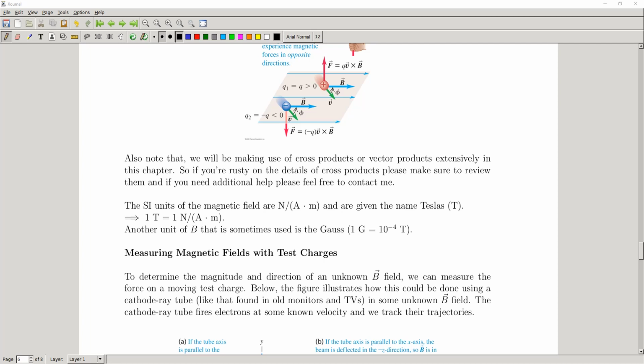A 1 tesla magnet is actually quite a powerful magnet. We're able to make slightly more powerful magnets than 1 tesla in the lab. Not at our lab here at UFV, but at big labs, I think you can probably make a 20 tesla magnet, but that gives you an idea of what a powerful magnet would be on the scales of what humans can make.